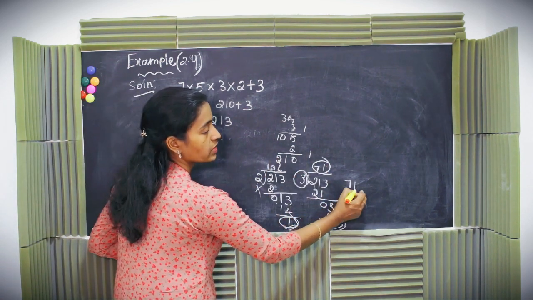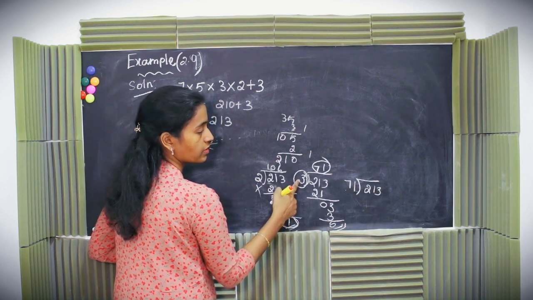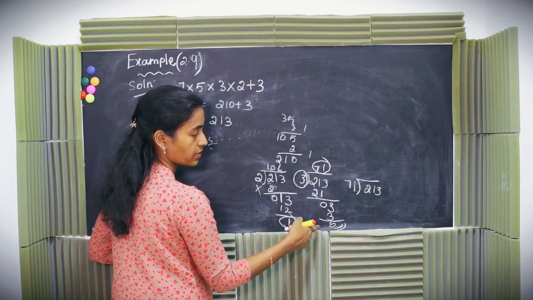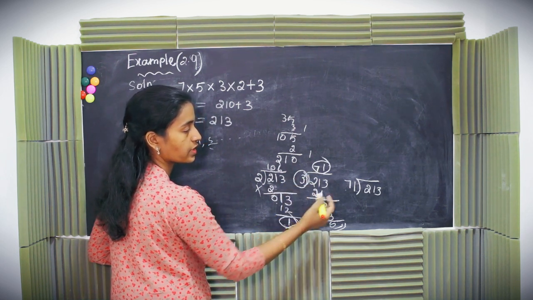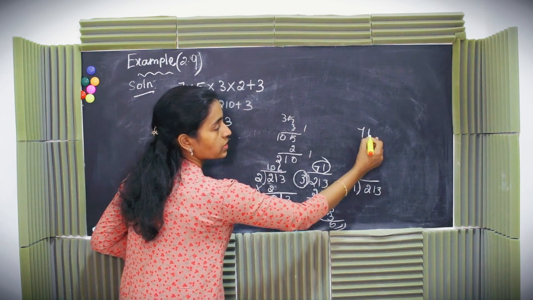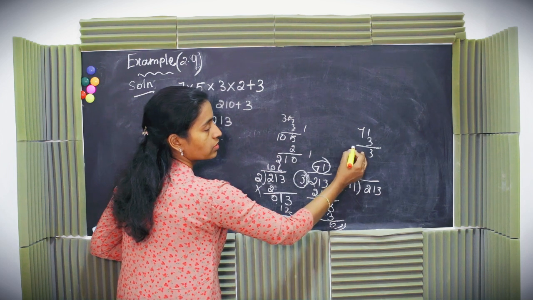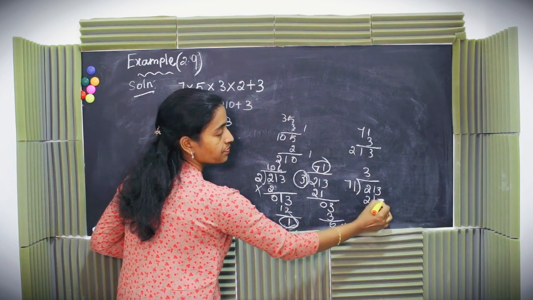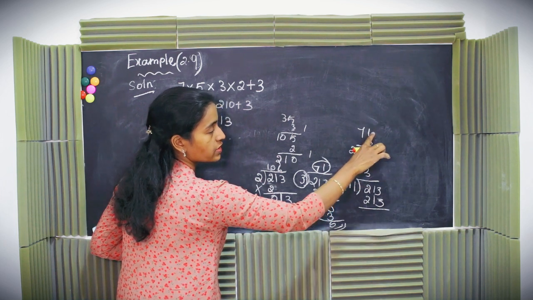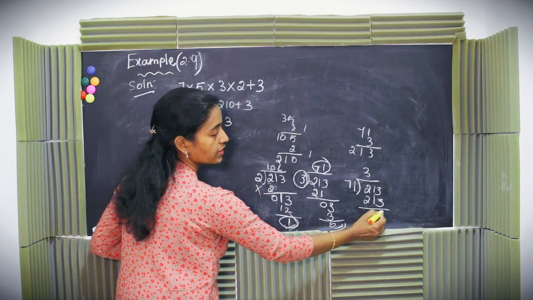Because if I am dividing 213 by 71, 3 into 71 is 213. Right? 3 into 71, 213. So if I am taking 3, 1 into 3, 3, 7 3s are 21, so 213. 213 minus 213 is 0.